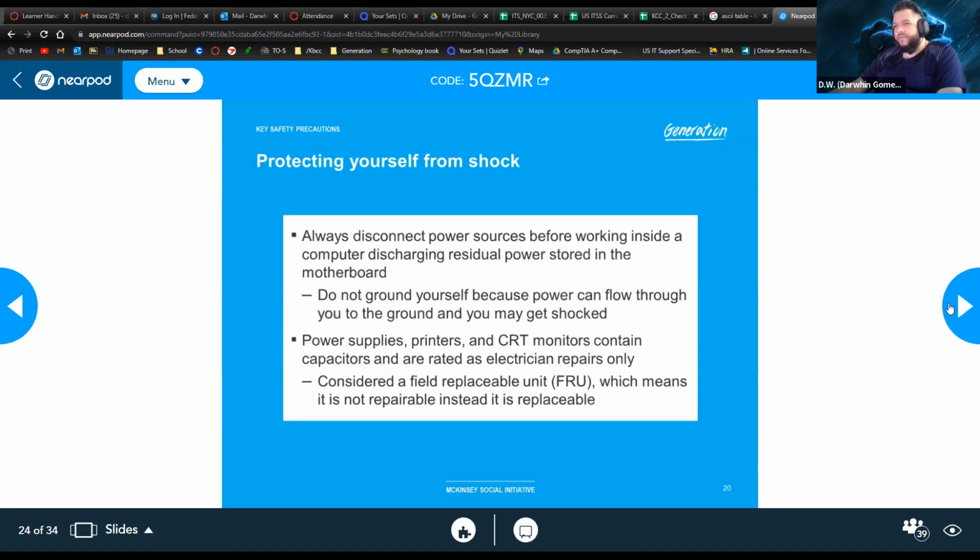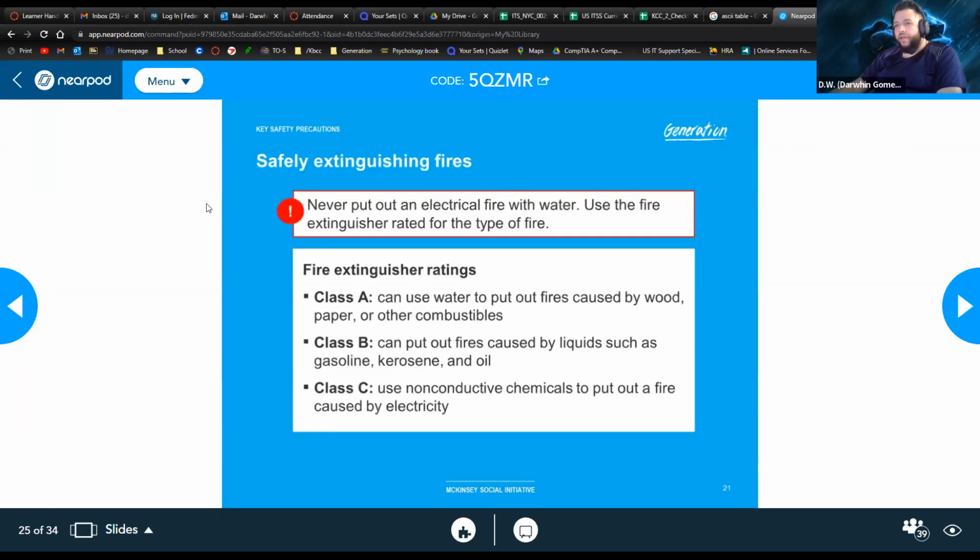All right, let's go on to the next slide, see what we got going on here. Okay, safely extinguishing fires. So there'll be times where maybe a fire might start, and it's important to know what kind of fire extinguisher you need to use. A Class A fire extinguisher is something that we can put out with water, and they're used for fires that are started with paper, wood, or other non-, what do we use for that word?